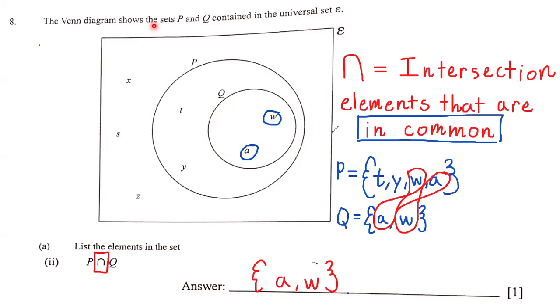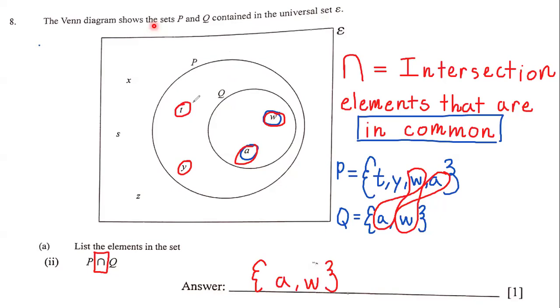So what are the elements that are in common? Let's list P. What are the elements in P? P is gonna be what? T, Y, W. What else? Shantasia, what are elements of P?